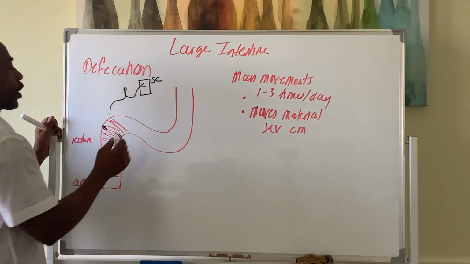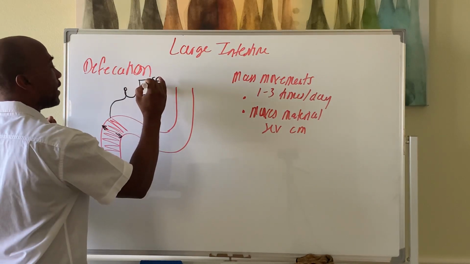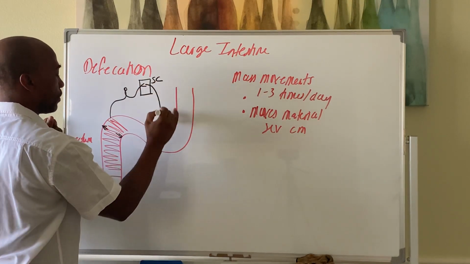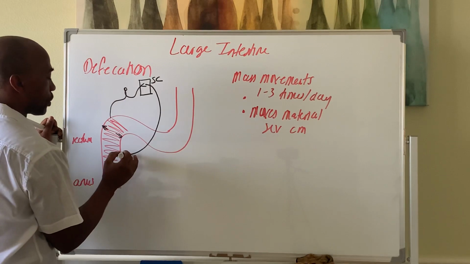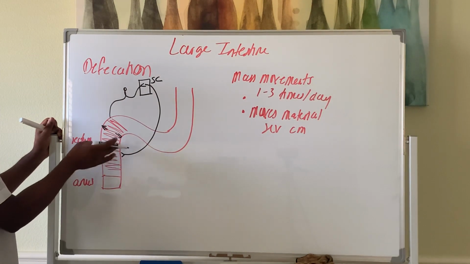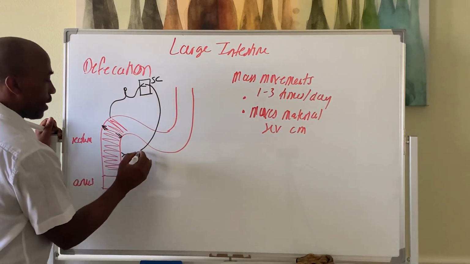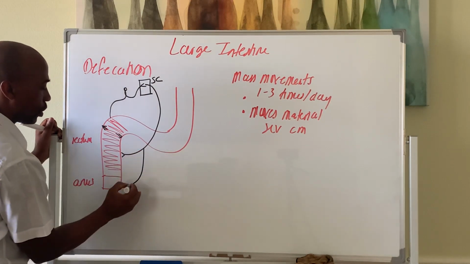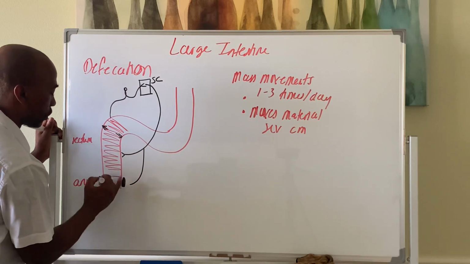And then the spinal cord will send commands back down to the muscles in your muscularis externa of the large intestine, as well as to your internal anal sphincter.